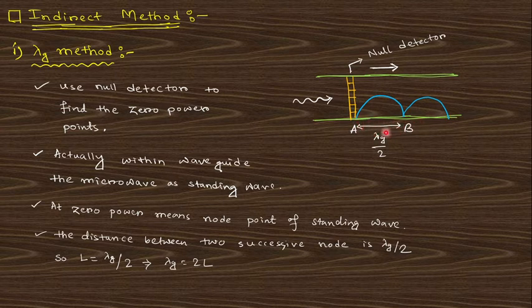This length is nothing but lambda g by 2, the wavelength by 2. So lambda g is twice L.